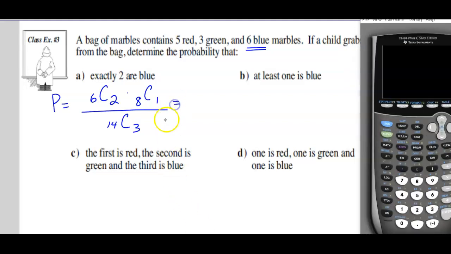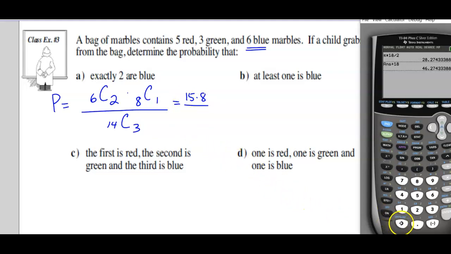Actually, that's going to be 6 times 5, 3 times 5 is 15 times 8 over... little less than a third.